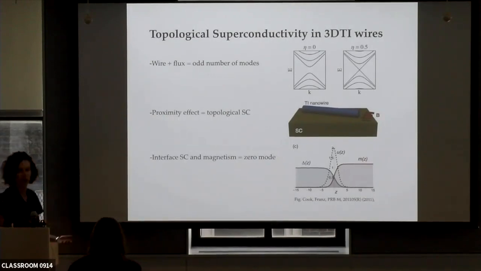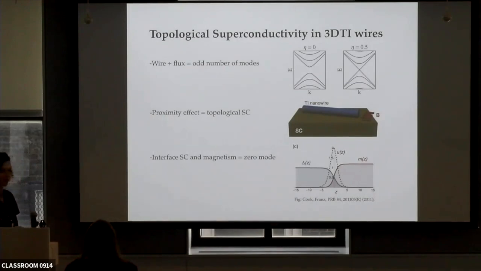These wires are typically a couple of hundred nanometers thick, so comparable or smaller than the coherence length of typical superconductors. So this is quite realistic. And then, if you could, you would want to probably interface superconductivity and some magnetic regions pointing in the right direction, and then you have the potential of binding Majorana zero modes at that interface.